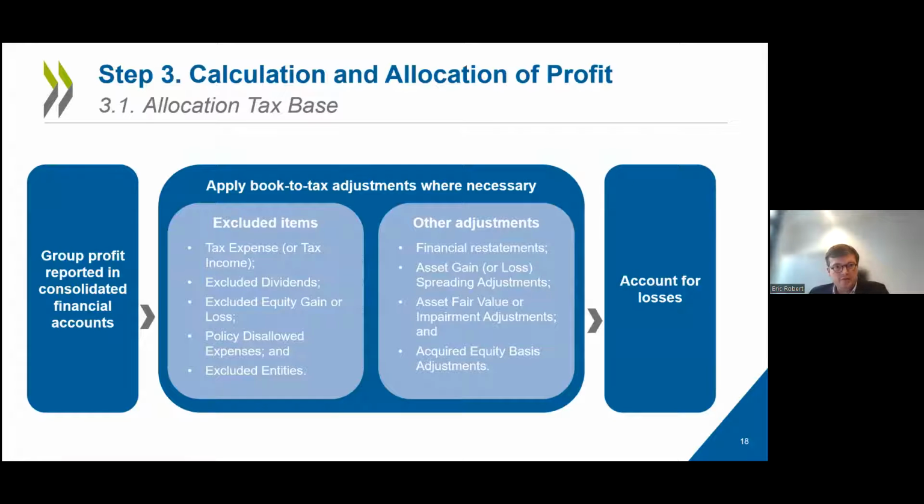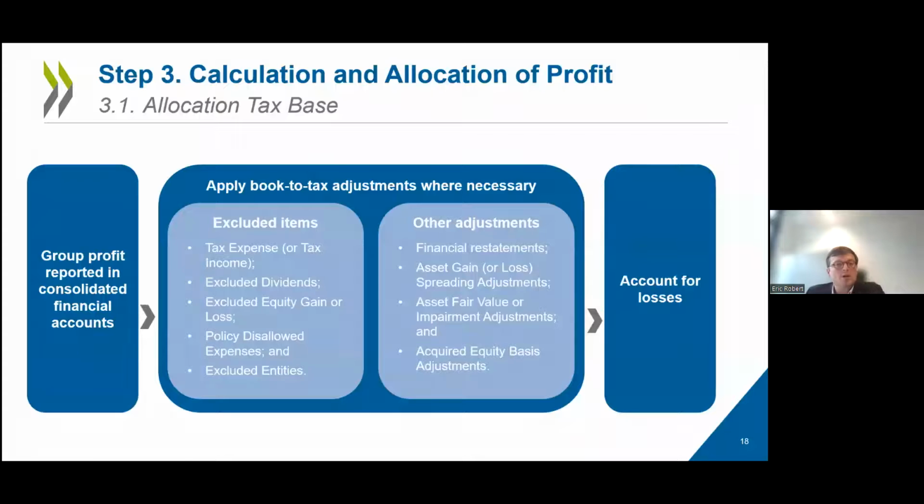Here you will see that the rules broadly rely on what is reported in the consolidated financial statements of the group, with just a couple of adjustments, as you can see here on the screen, to that reported profit. Maybe a few adjustments to flag: as you can see, all dividends are out of the base, so they're taken out.